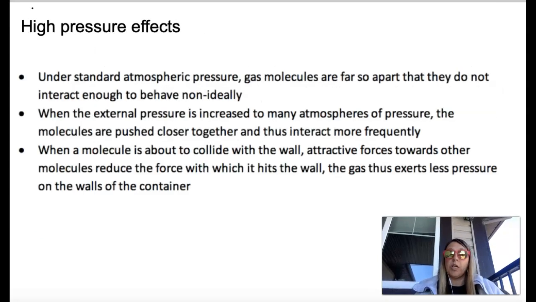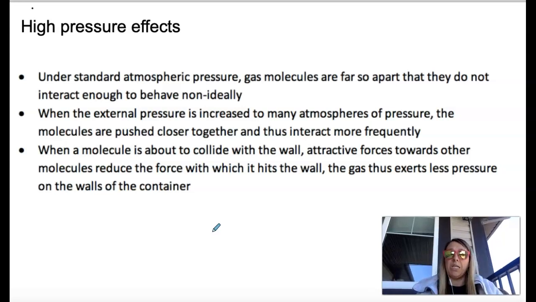The one that can be a little trickier is high pressure, okay? The reason high pressure does this is that high pressure means we have a really, really small volume. So we've taken that container and shrunk it way down, and now we've forced all those molecules together. We went from it being almost all empty space, not really close together, to suddenly all these molecules jammed tight together.